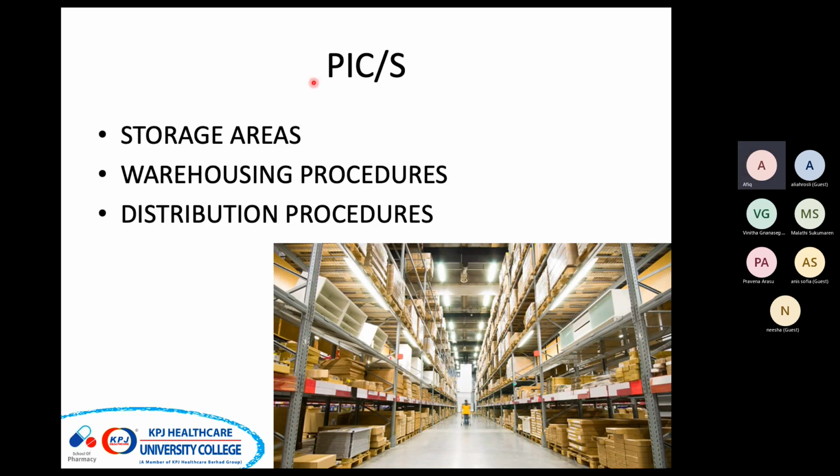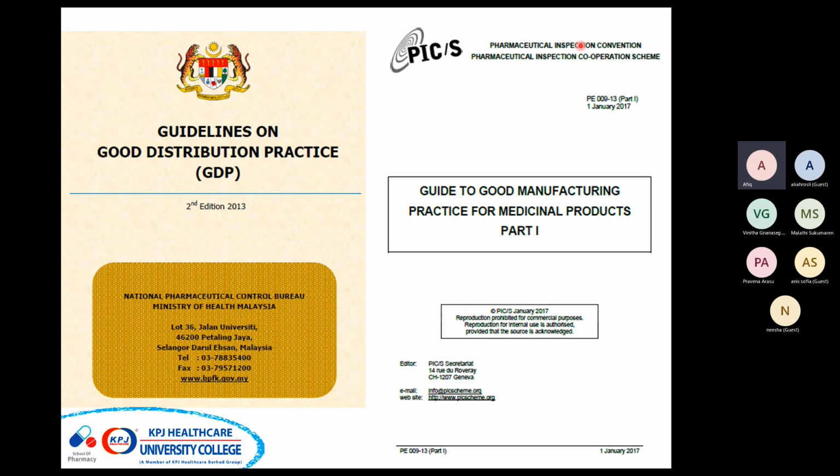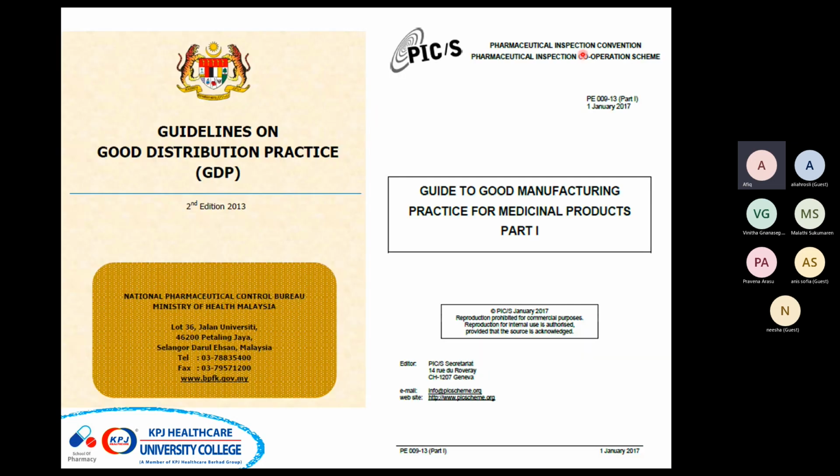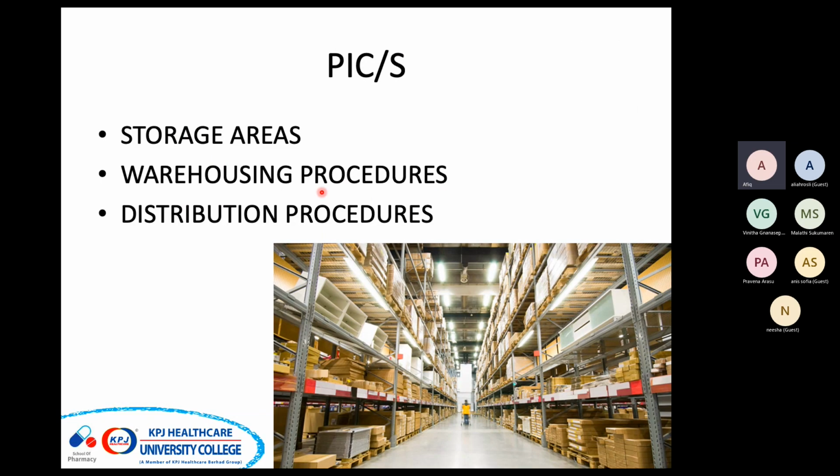So under the PIC just now, the Pharmaceutical Inspection Convention, there are a few criteria that have to be observed, which is the storage areas, the warehousing procedures, and also the distribution procedures. So this is according to the Pharmaceutical Inspection Convention and Pharmaceutical Inspection Cooperation Scheme.